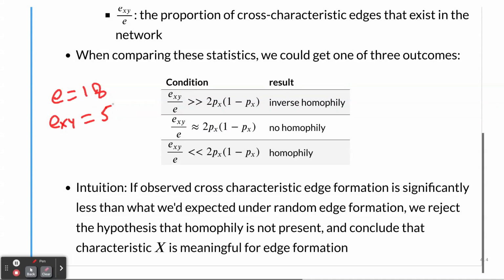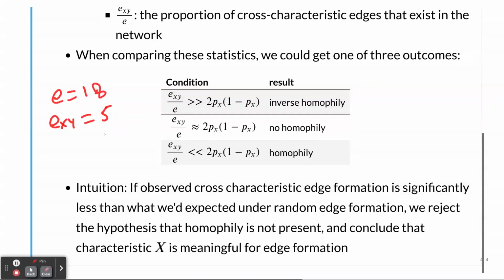For context, we're following an example from section 4.1 of the Easley-Kleinberg text. The graph that they think about is elementary school kids and whether or not boys and girls are friends. So the graph has a total of 18 friend relationships mapped out. And of those 18, only 5 are between boy-girl pairs.